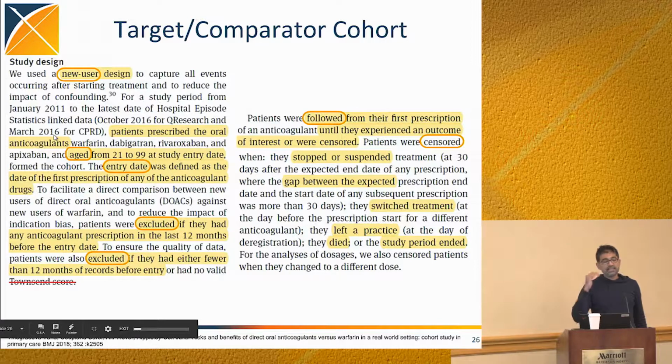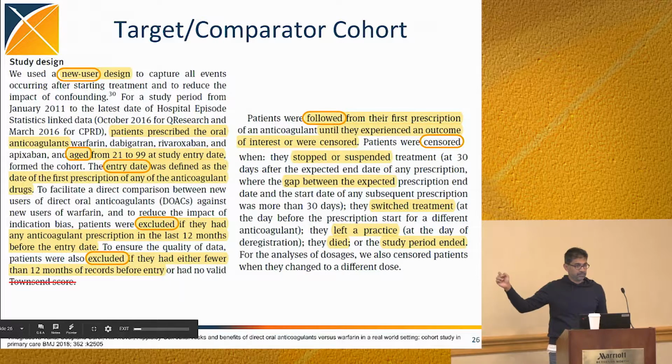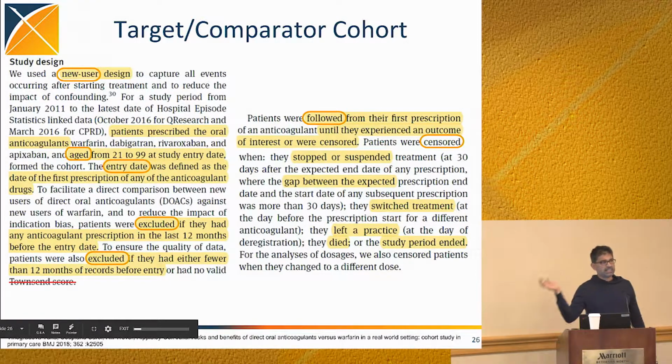Now, once they identified this, they said we did some follow-up on these people. They started on the date they got the prescription, and they followed them from their first prescription of anticoagulant until they experienced an outcome of interest or were censored. What does that mean?